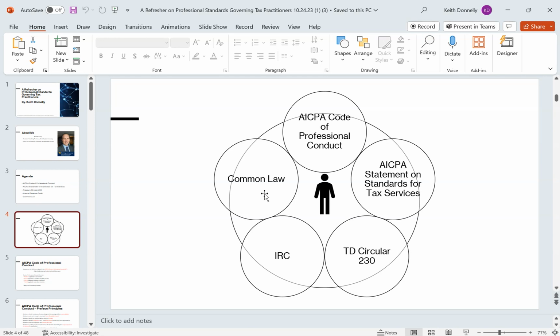However, different from them is the State Board of Accountancy. The State Board of Accountancy is the only one who gives you the CPA credential. So if you were in, I don't know, Pennsylvania, and you wanted to practice there, you don't apply to the AICPA, you apply to the state board to become a CPA.